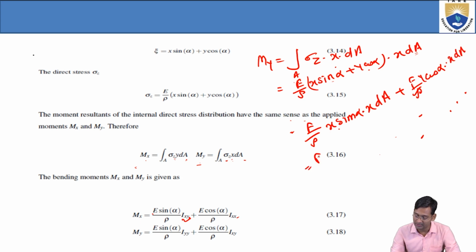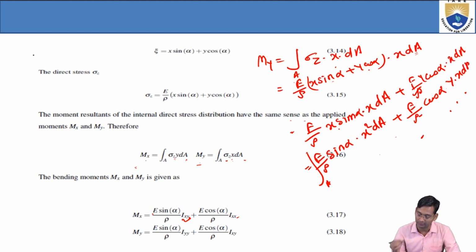From here we get E by rho sine alpha into x squared dA plus E by rho cos alpha into yx dA, the whole integral over A.